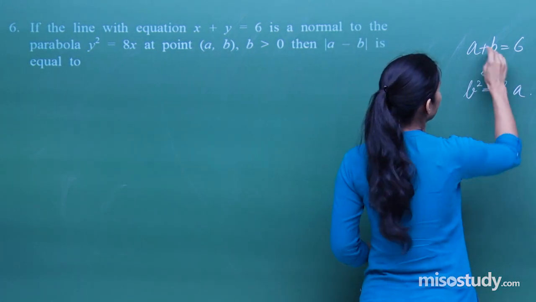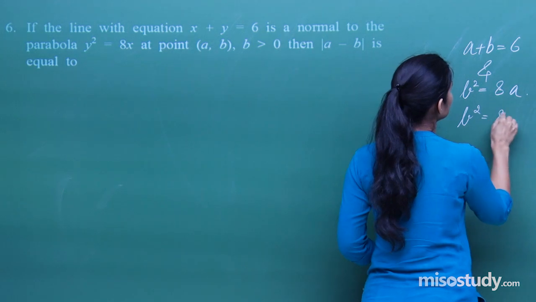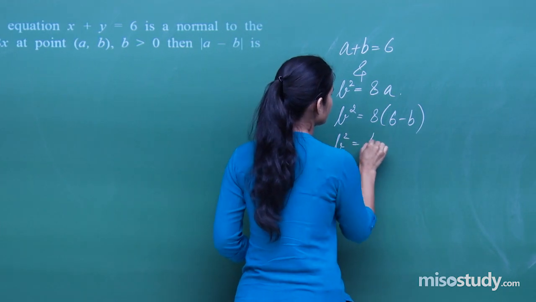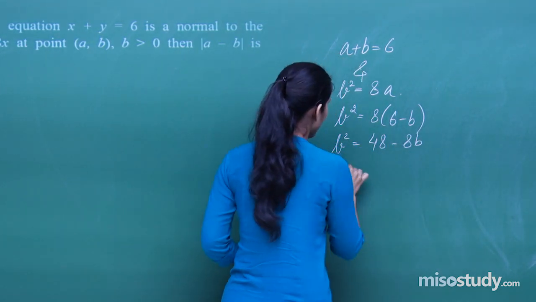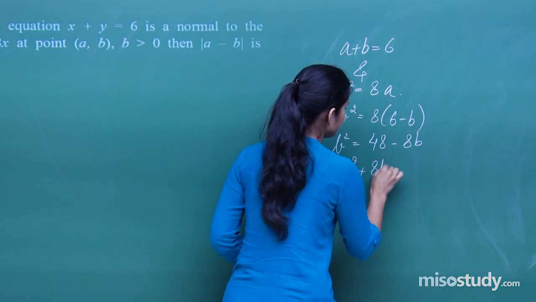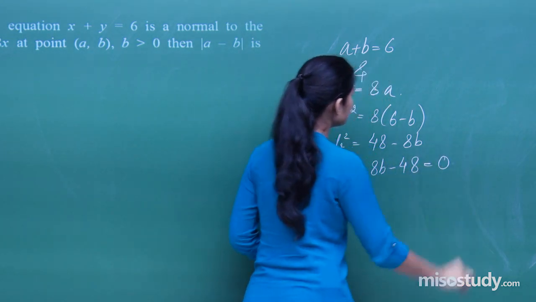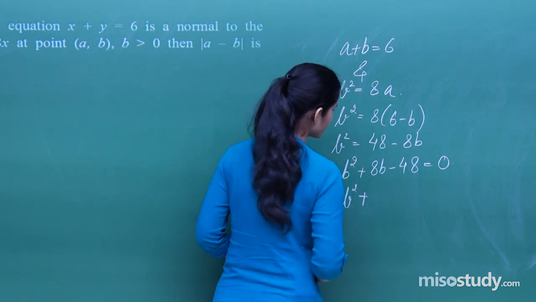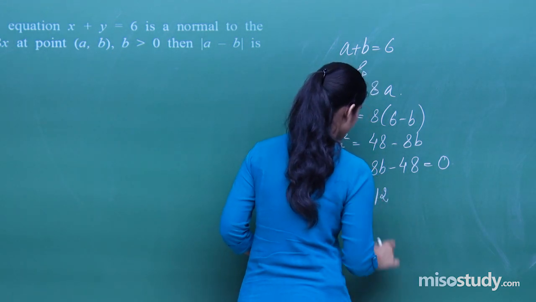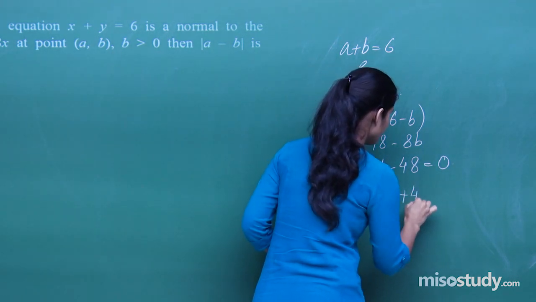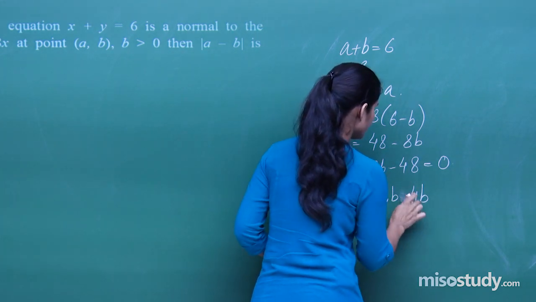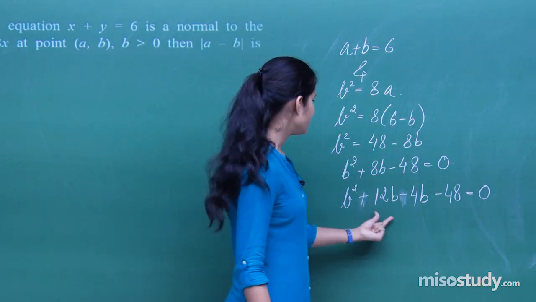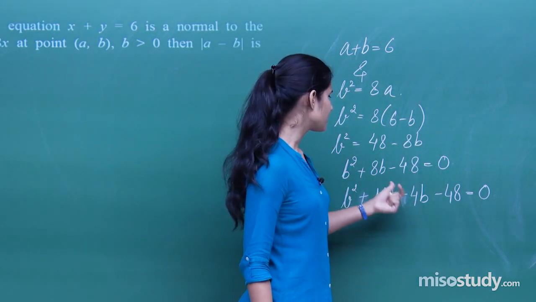right? A is nothing but 6 minus b, so you get b square equals 8 of 6 minus b. This gives you b square equals 48 minus 8b, or b square plus 8b minus 48 equals 0. How can you break this up? b square plus 12b minus 4b minus 48 equals 0. Right, because 12 into 4 is 48 and 12 minus 4 is 8.